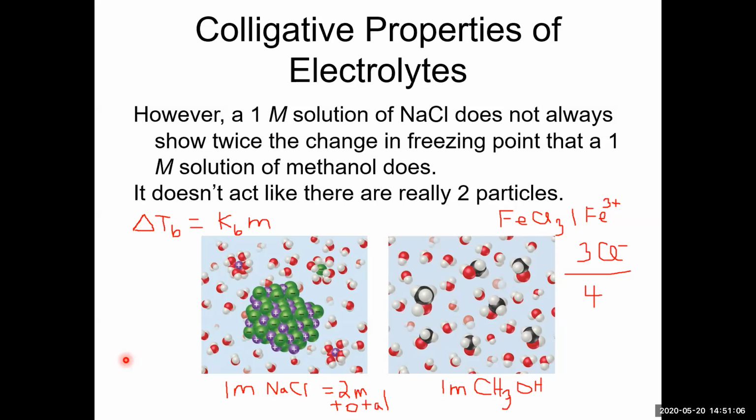Now, for example, if you've ever lived in a cold climate, in the winter time, when the streets start to freeze and they don't want ice on the streets, they sprinkle salt on it. Usually it's calcium chloride and not necessarily sodium chloride. They could use sodium chloride, but they usually use something like calcium chloride. And that has a lot of particles in it.